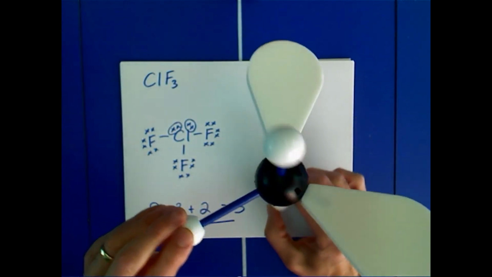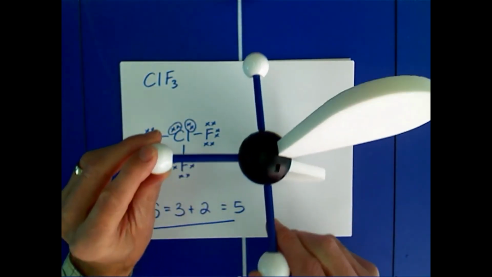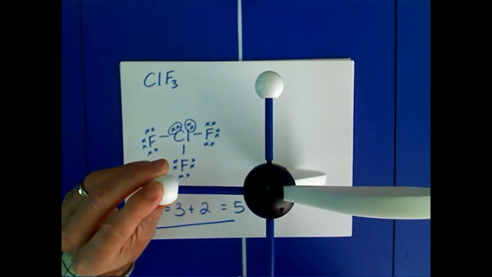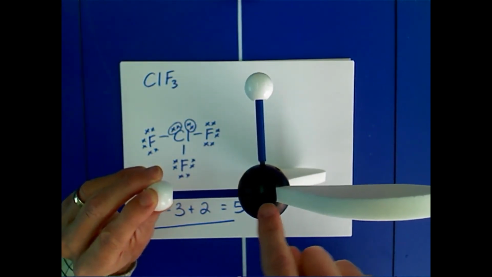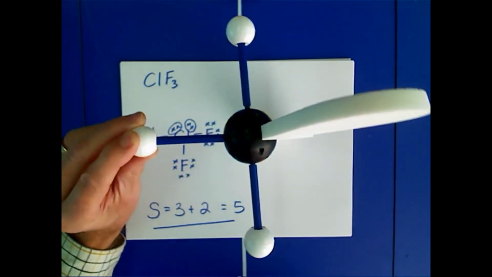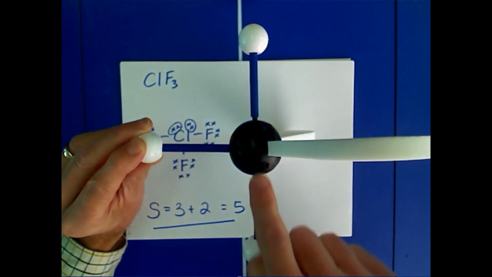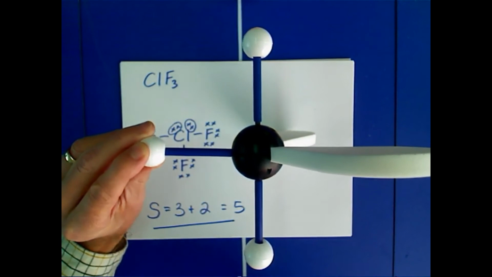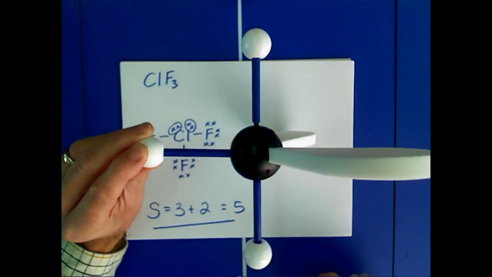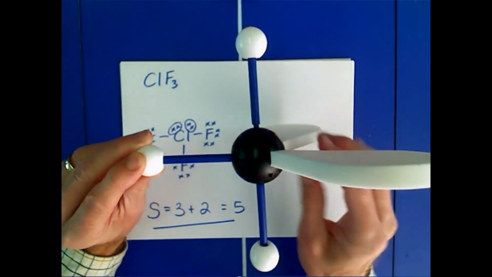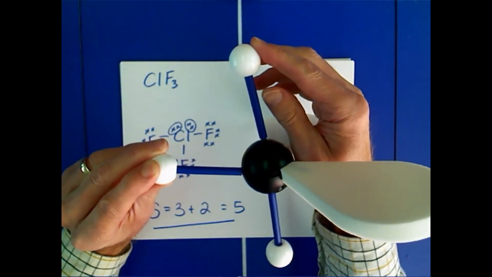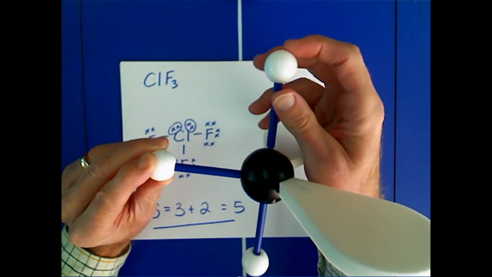Now, the only bond angles that end up resulting in this particular orientation result from an equatorial central atom axial position. Again, equatorial central atom axial position. And these are normally 90 degrees, but because of this extra lone pair repulsion, it gets squeezed down a little tighter than that 90 degrees.